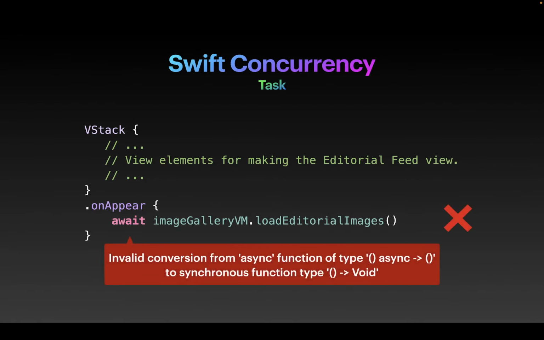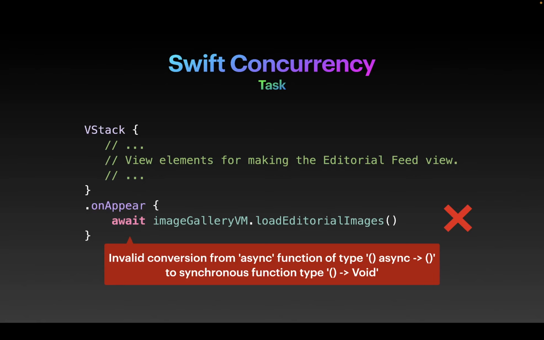It says invalid conversion from async function to synchronous function type. The reason is that by default, all the code we have seen so far lives in the synchronous context. So when you want to start tasks in a concurrent context, you have to be explicit.